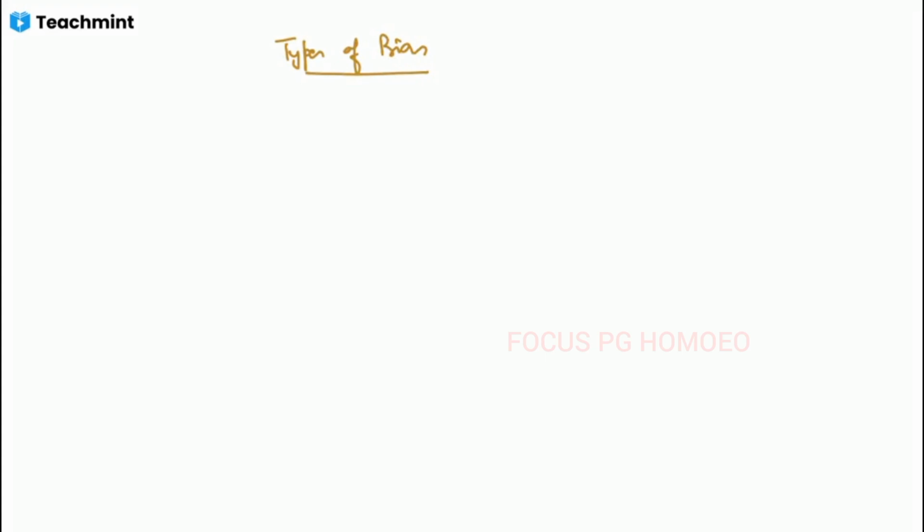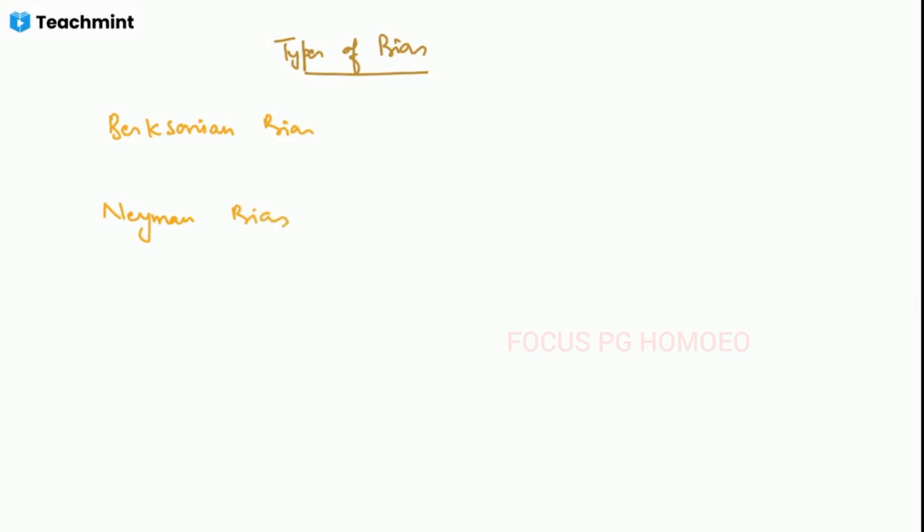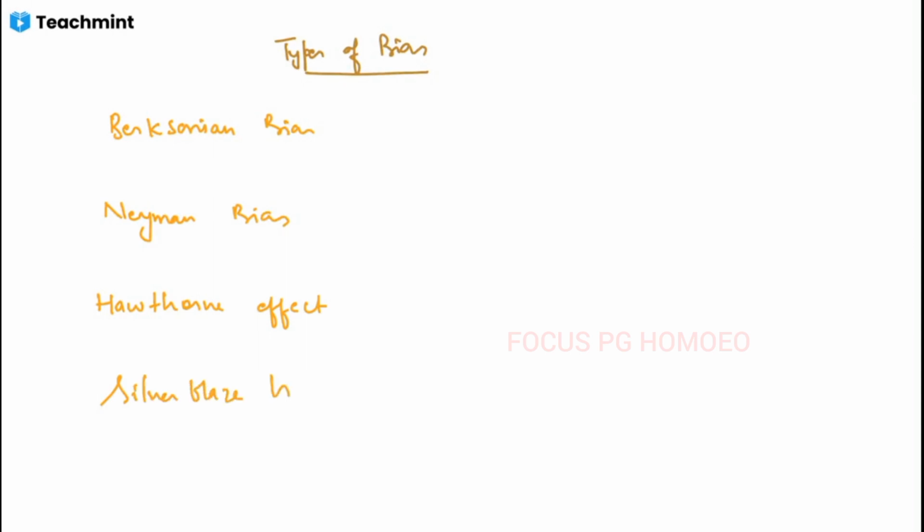First we have Berksonian bias, then Neyman bias, then Hawthorne effect, then Silver Blaze bias. Other biases are also there, but you will get those by name only.